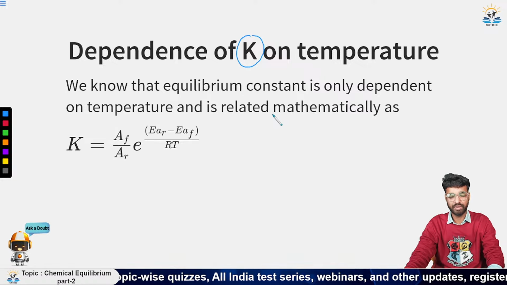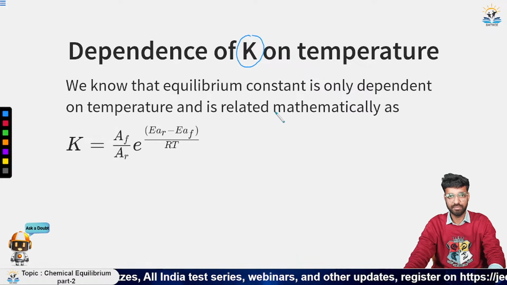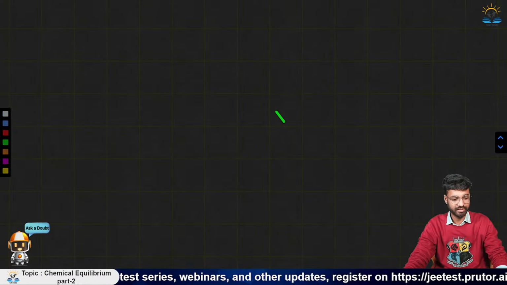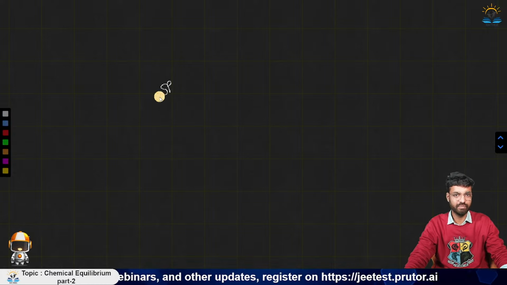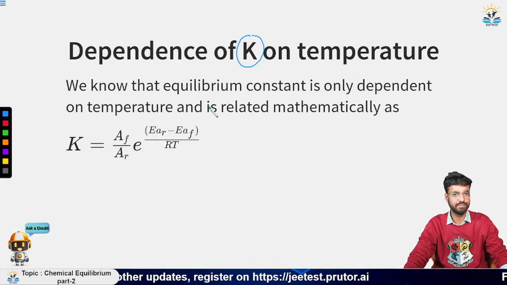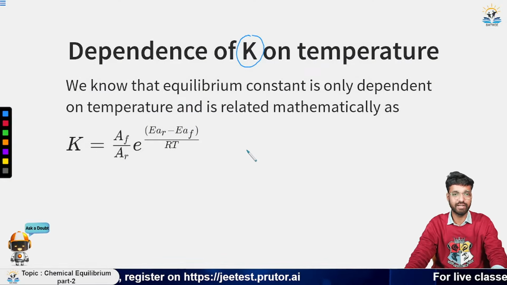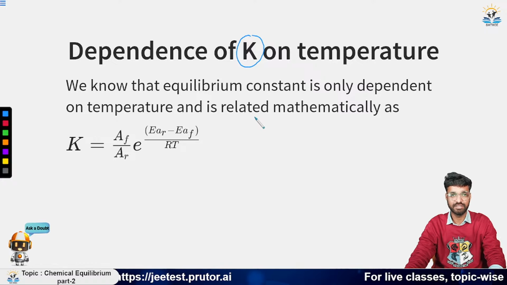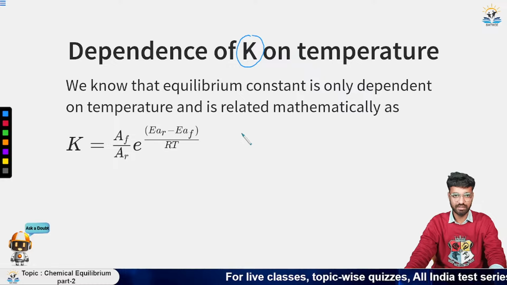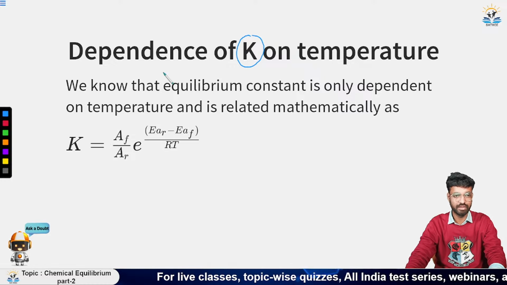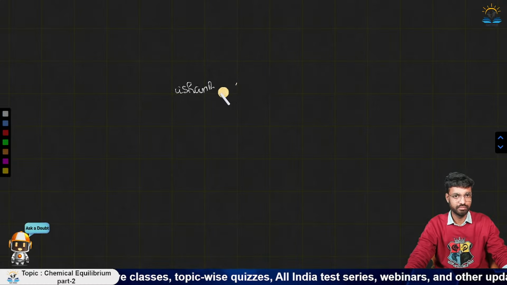Now we have seen in the earlier class that the equilibrium constant has three main characteristics. Let me write it for you. The first one was that it helps in predicting the direction of reaction.